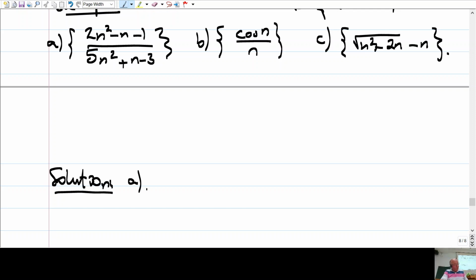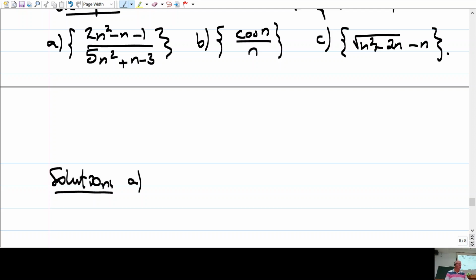Let's look at the first one. What we will do, you may either use the epsilon definition of limit, or use the rules we have seen so far, or the things we have proved so far.